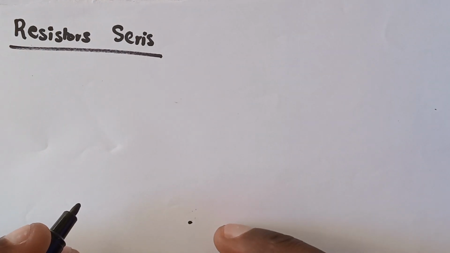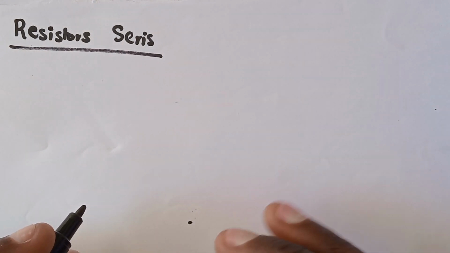Today we're going to shift the focus to resistors that are connected in series. We're going to look at the resistors that are connected in series and the resistors that are connected in parallel.